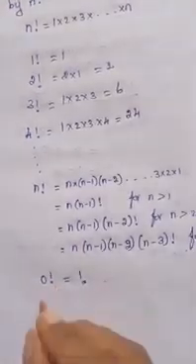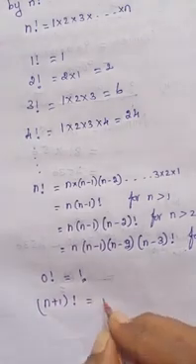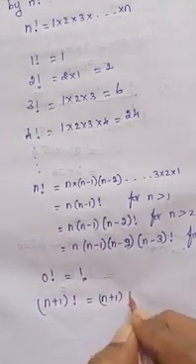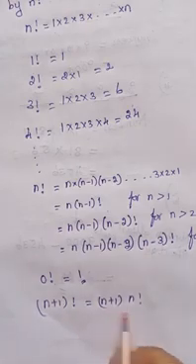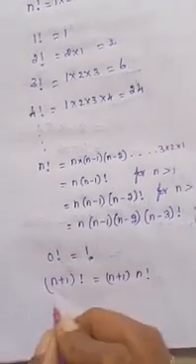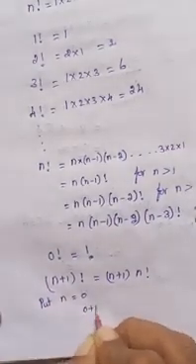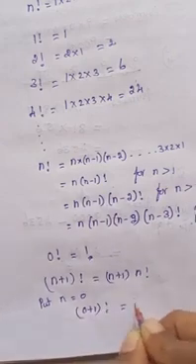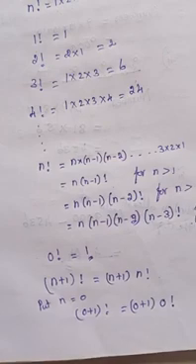Shall we check it? For example, what about n plus 1 factorial? This can be written as n plus 1 into n factorial. Am I right? Now put n equal to 0. Then 0 plus 1 factorial equals 0 plus 1 into 0 factorial.